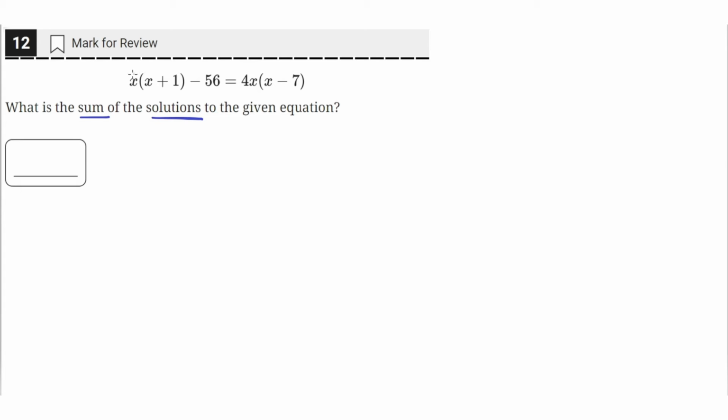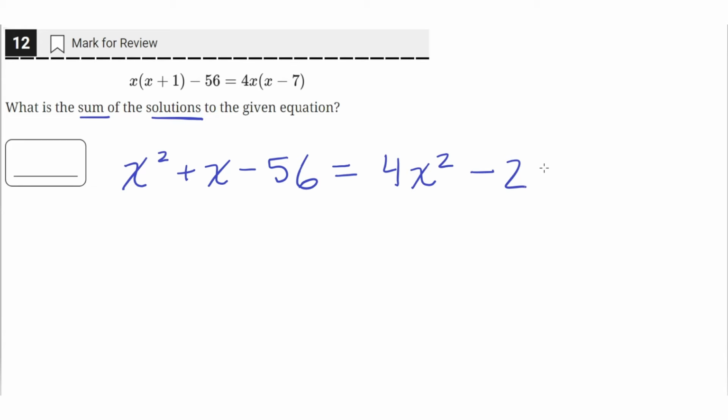And before we do that, we need to expand out this parentheses here by distributing the x. So x times x is x squared, x times 1 is x, and then minus 56, which equals, so 4x times x is 4x squared, 4x times negative 7 is negative 28x.